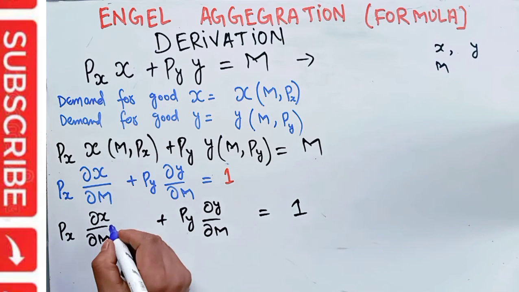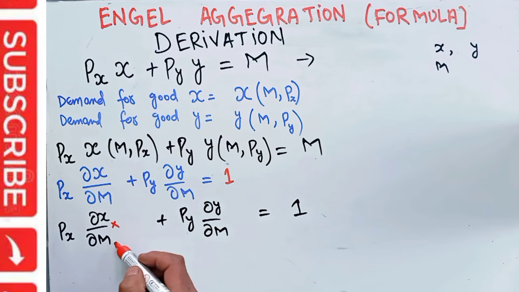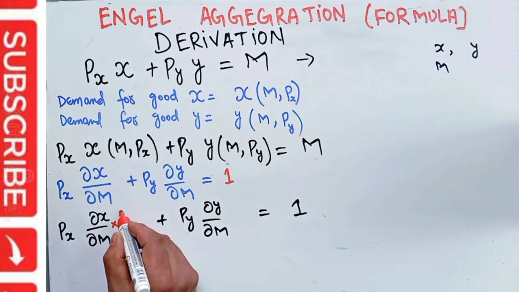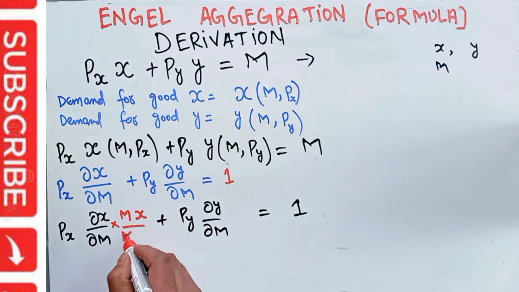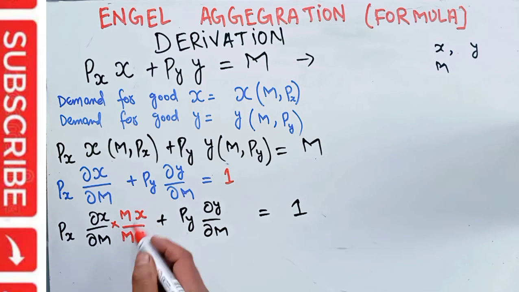I will multiply the first term by M upon X over M upon X, so if I cancel them, it will become 1.